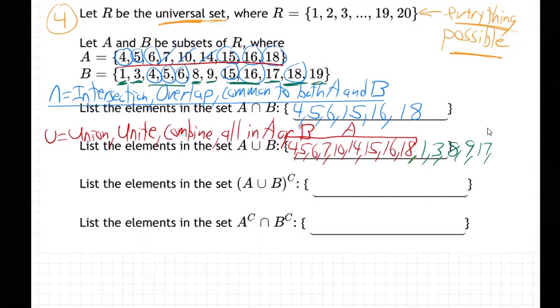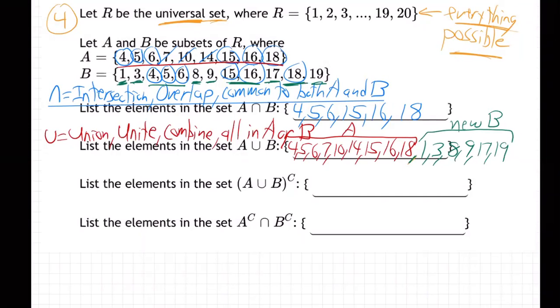And then 19. So that's the new stuff from B. And there we go. So that's everything in the union, uniting, the combining of A and B. All the elements that are in A or B combined together. That's the union.